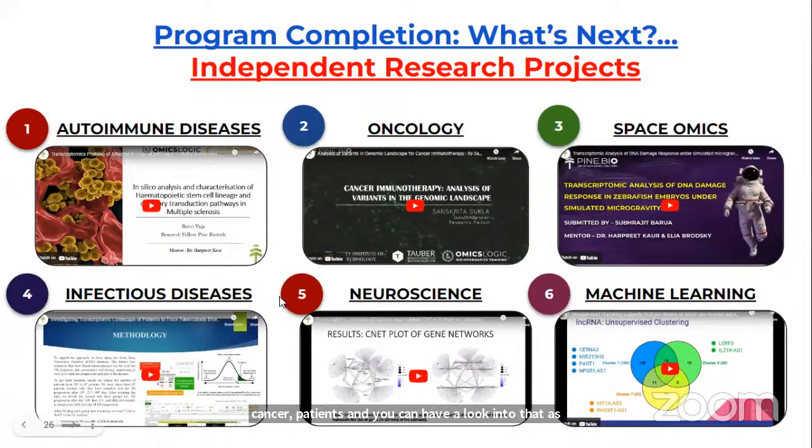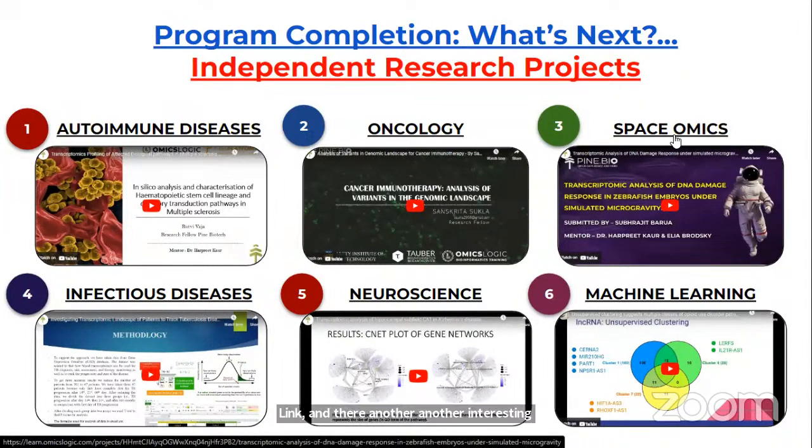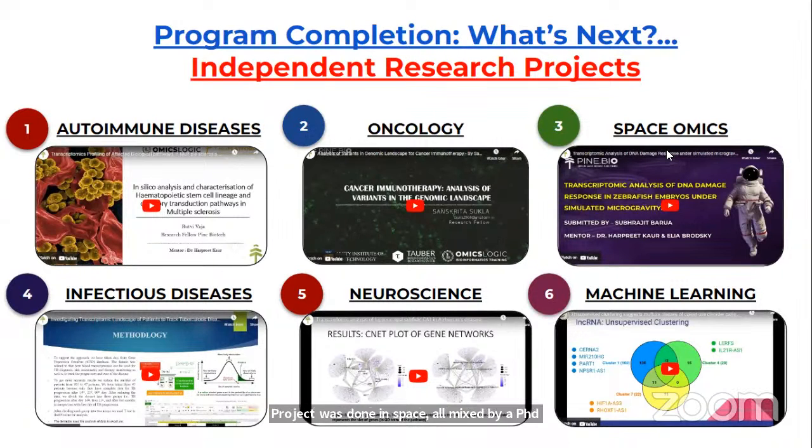I'm pasting the link. And another interesting research project was done in space omics by a PhD student, where he learned to correlate the effects of space flight conditions on the transcriptome of zebrafish embryos and human astronauts. The participants can have a look into that project as well.